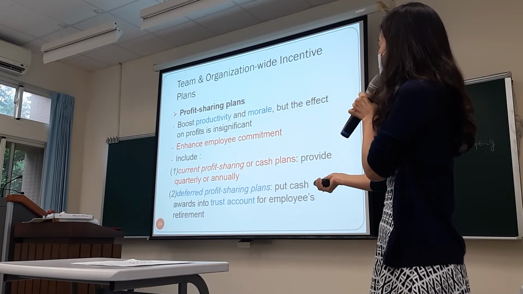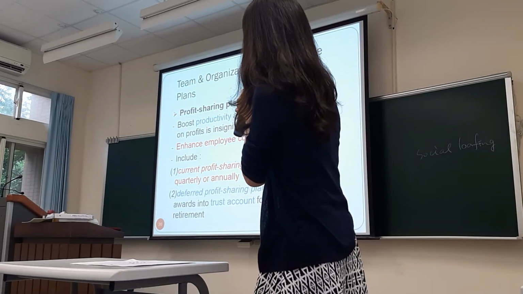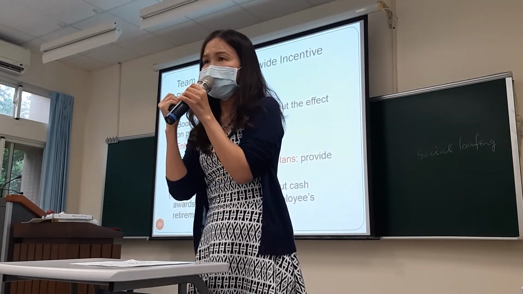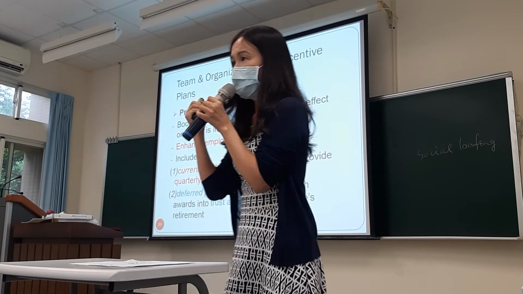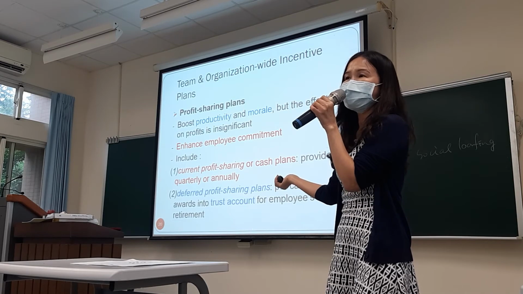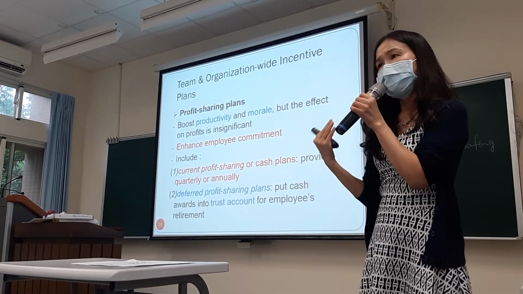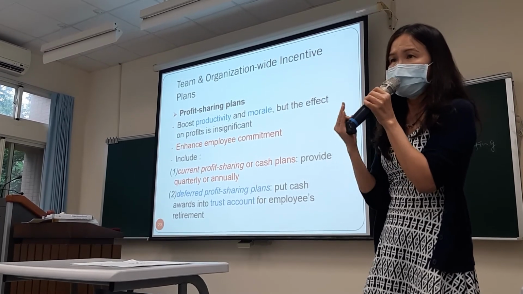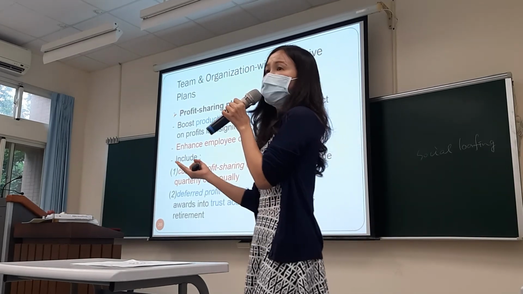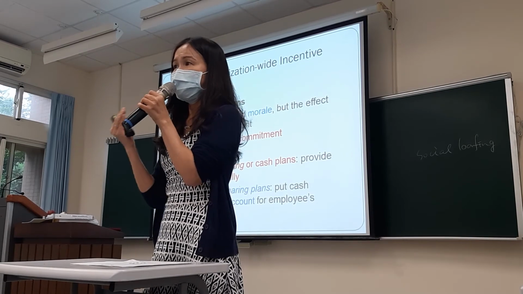Another approach is a deferred profit sharing plan, in which you don't really get the cash. The company puts this cash award into a trust account. You might get this money when you want to quit the job, so of course that brings a different effect.